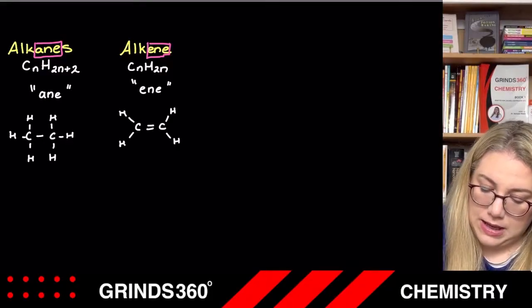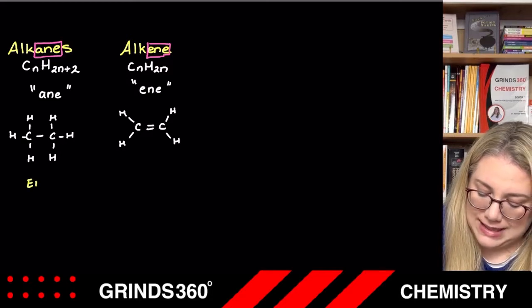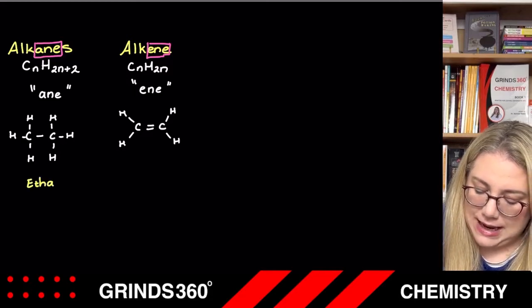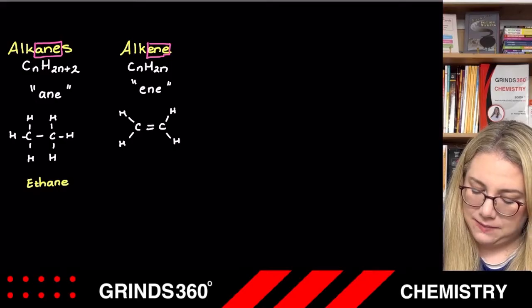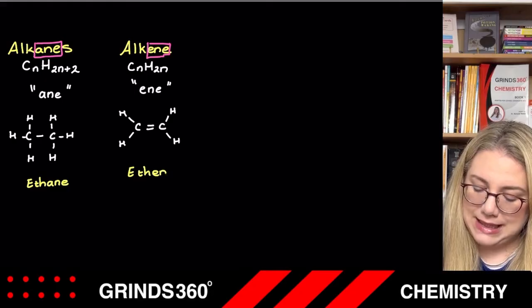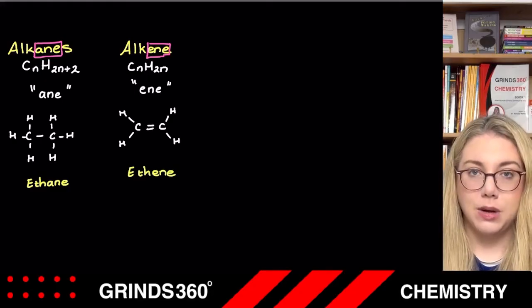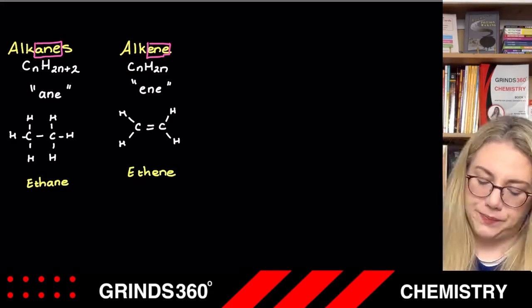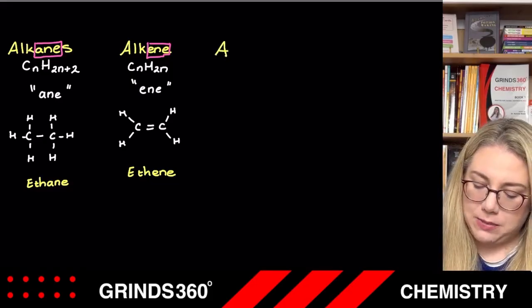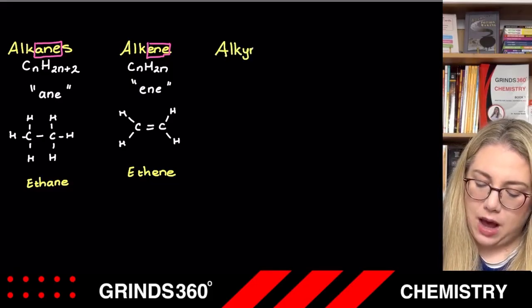Like that. Now, if I was to name these two molecules, the one on the left, 2 carbons, is eth, and it's an alkane, so it ends in ANE. The one on the right, 2 carbon atoms again, but now it ends in ENE because of the carbon-carbon double bond, the alkene.